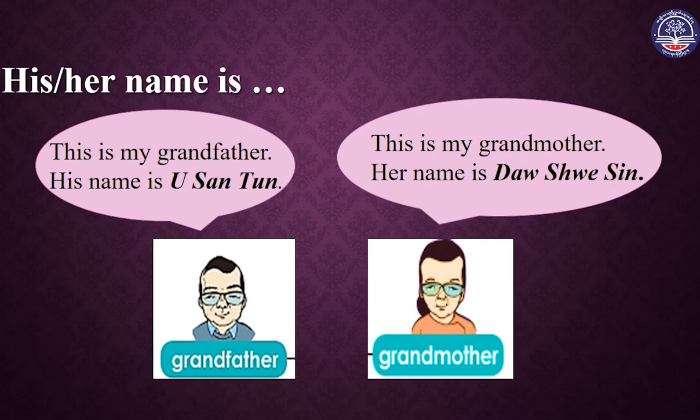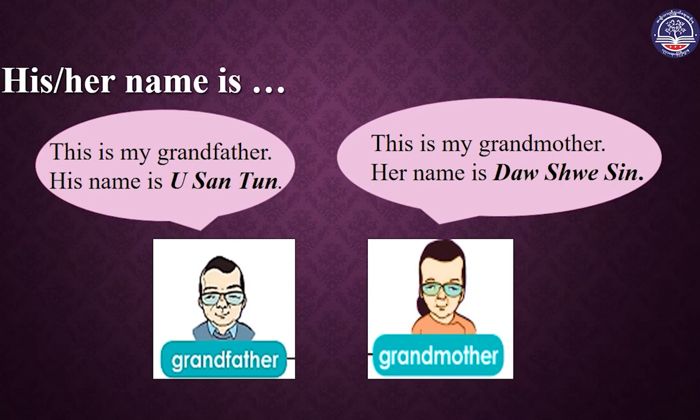Her name is Doshwizen. This is my grandmother. Her name is Doshwizen. Like that. Okay, so do you know, right? His name and her name, please. Okay, you have to be aware of that one.